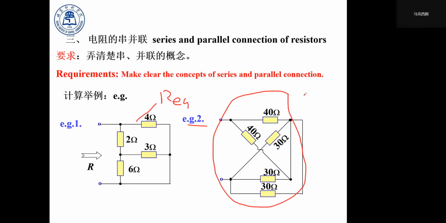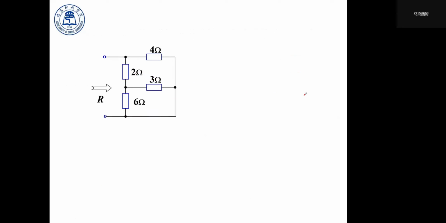Now let's begin the transformation. By using the parallel and series connection definitions of resistance, we can recognize that if two resistors share both of their ends, they must be in a parallel form. So in this case, we see that this 3 ohm resistor and this 6 ohm resistor share the same two ends.